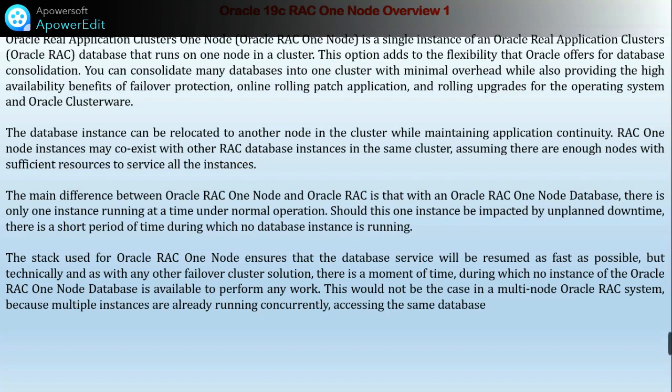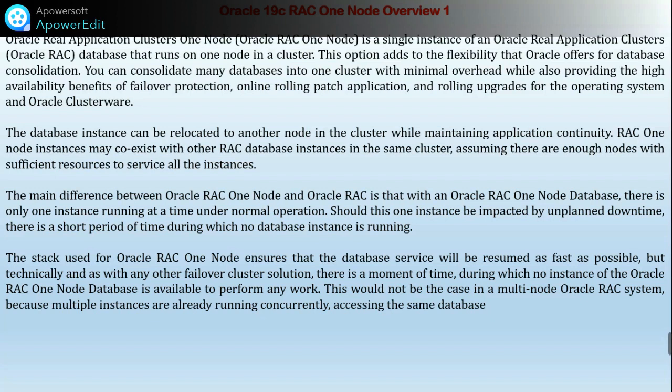RAC One Node instances may coexist with other RAC database instances in the same cluster, assuming there are enough nodes with sufficient resources to service all the instances. The main difference between Oracle RAC One Node and Oracle RAC is that with an Oracle RAC One Node database, there is only one instance running at a time under normal operations. Should this one instance be impacted by unplanned downtime, there is a short period of time during which no database instance is running.